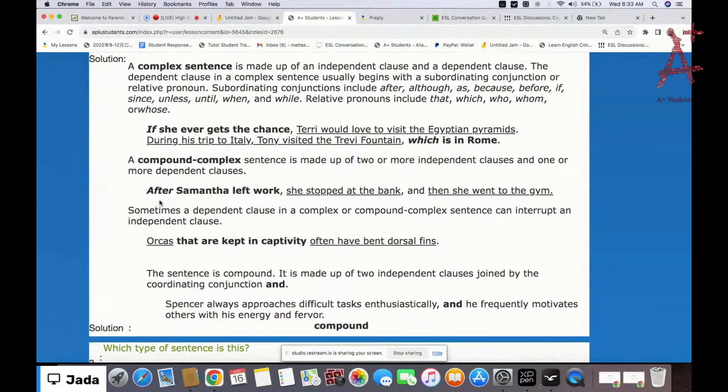After Samantha left work, she stopped at the bank and then she went to the gym. Sometimes a dependent clause in a complex or compound complex sentence can interrupt an independent clause.